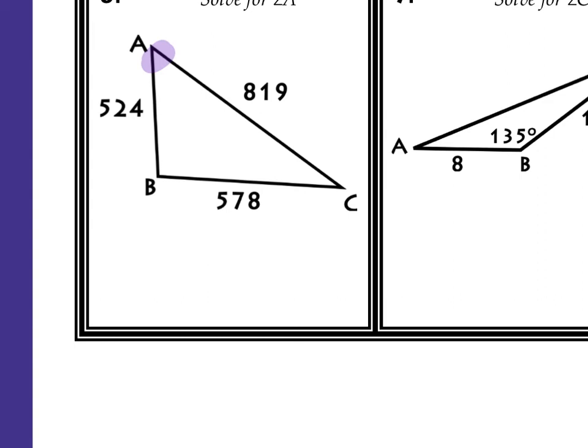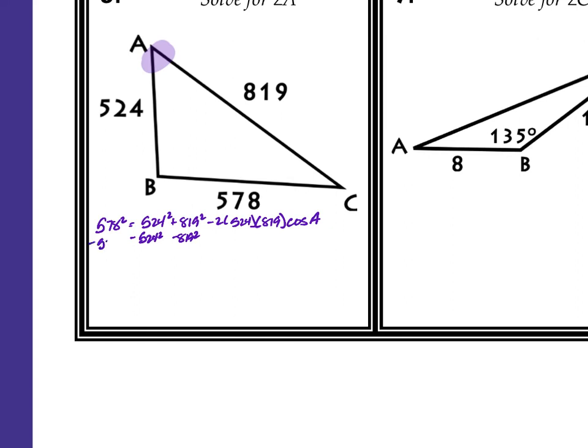Angle A, so let's try this one more time. 578 squared is going to be equal to 524 squared plus 819 squared minus 2 times 524 times 819 times the cosine of A. So then I subtract 524 squared and I subtract 819 squared.